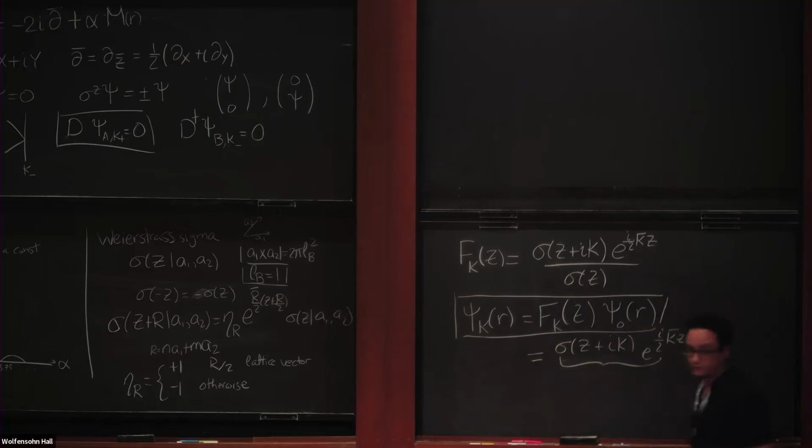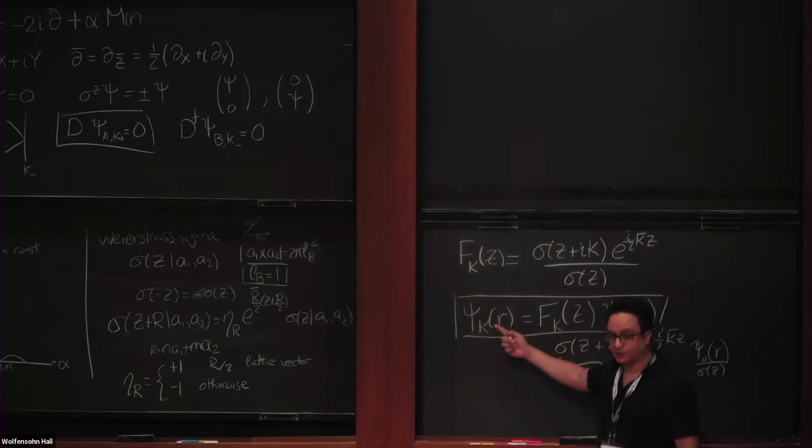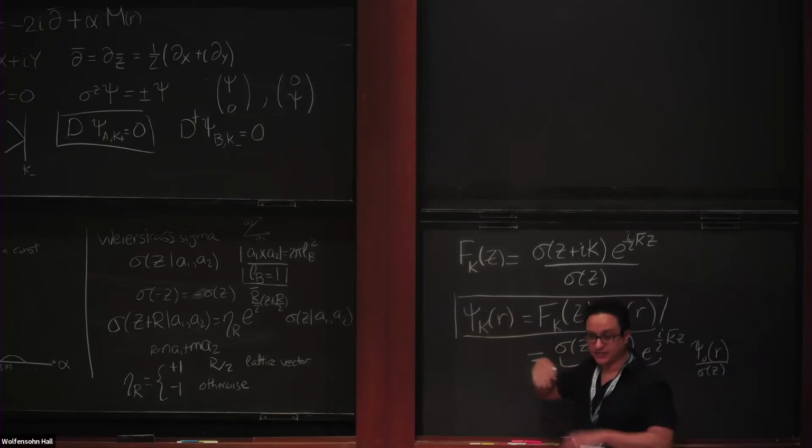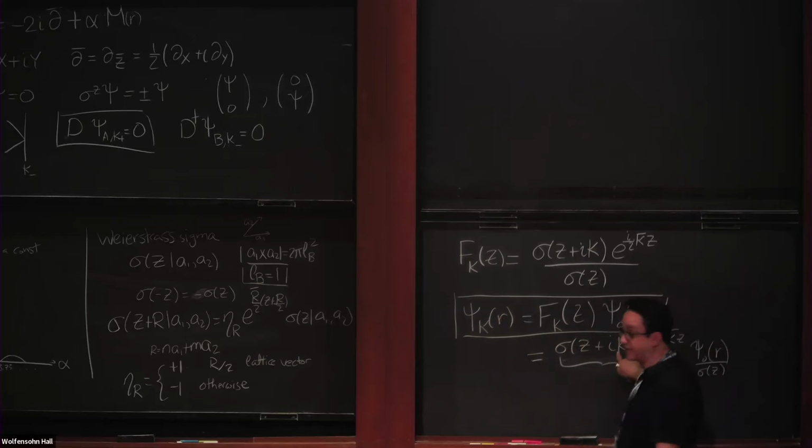So this form of the wave function tells me that the wave function has the form of a holomorphic factor, where the dependence on the quantum number labeling the different states within the band enters, times a common factor, which is common to all the states in the band. It doesn't depend on k.